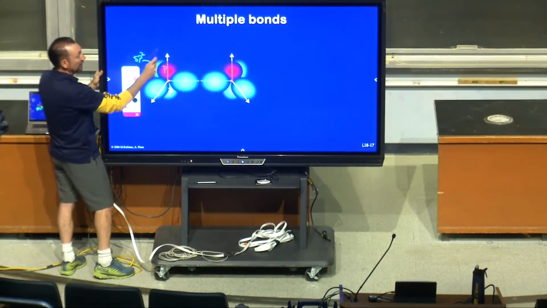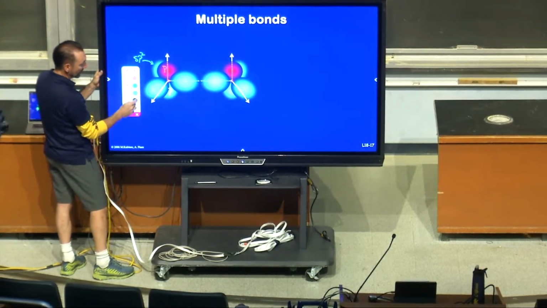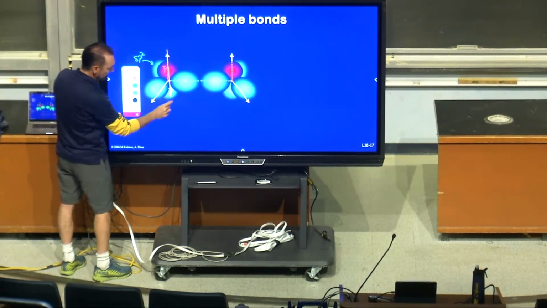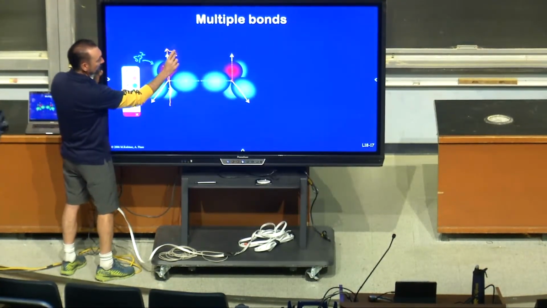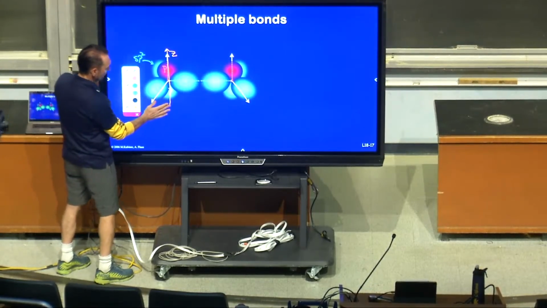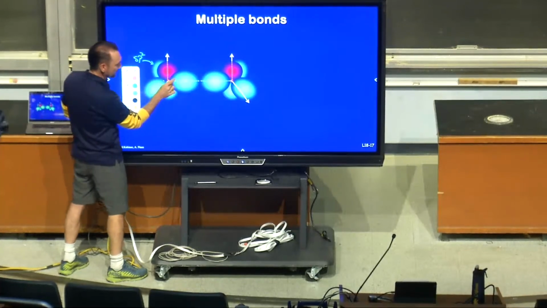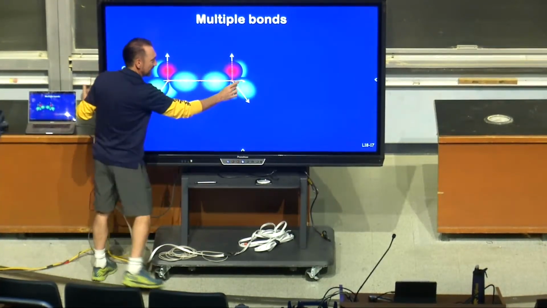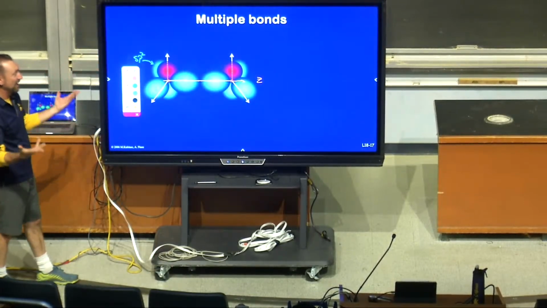This is just one lobe of the p orbital here, 1 lobe of the p orbital there. You would call that, if you label the axis, the pz orbital, if this is the z-axis. In general, we don't do that. In general, we let the z-axis be, it's just convention, it doesn't matter. But in general, we let the z-axis be the bonding axis.